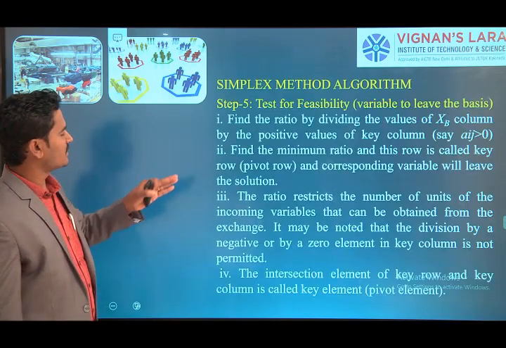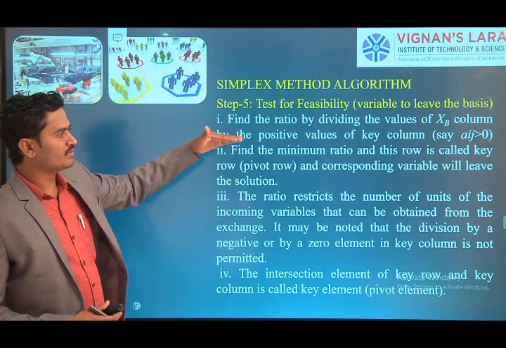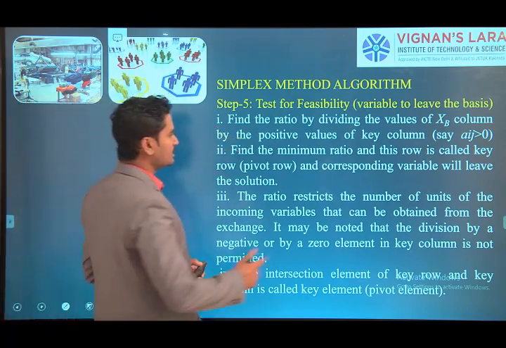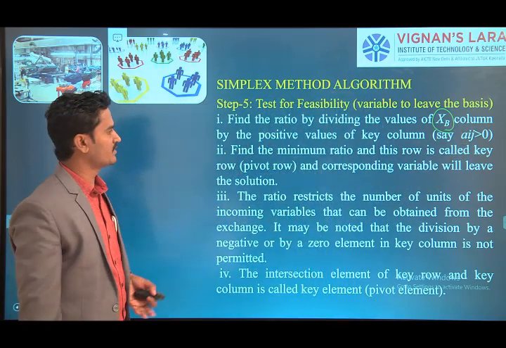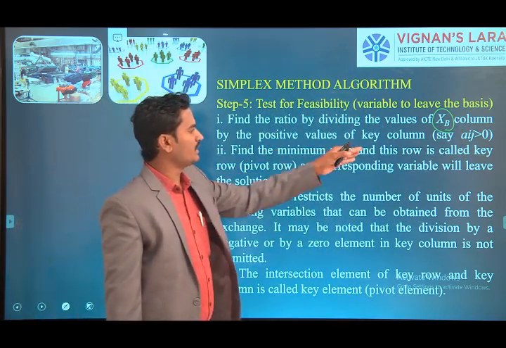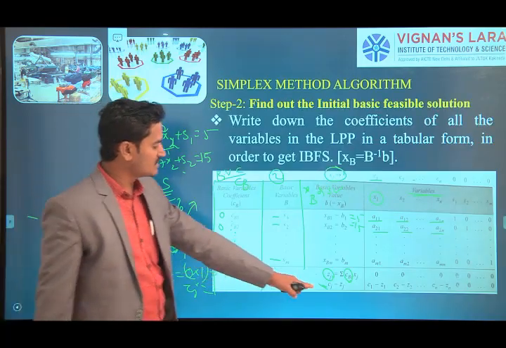Next, the fifth step is the test for feasibility. Find the ratio by dividing the values of the XB column, which is the solution value of the basic variable, by the positive value of the key column. Here the key column is taken from Cj minus Zj.